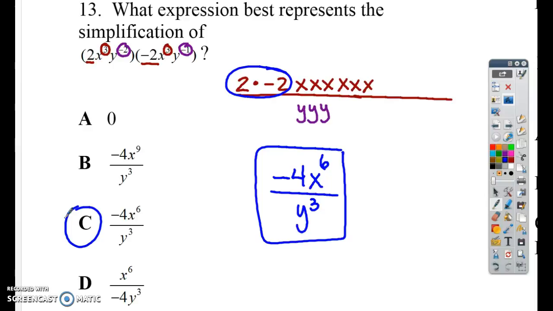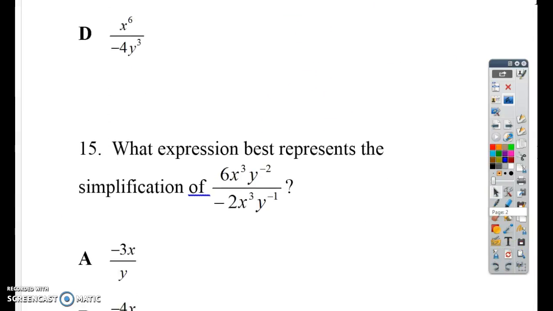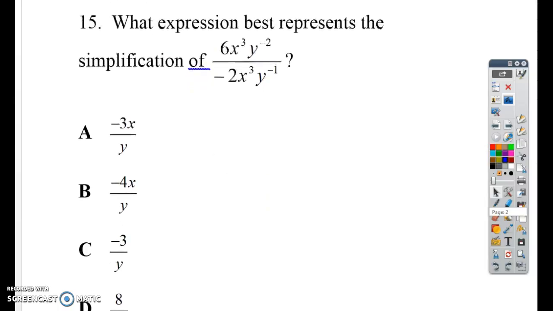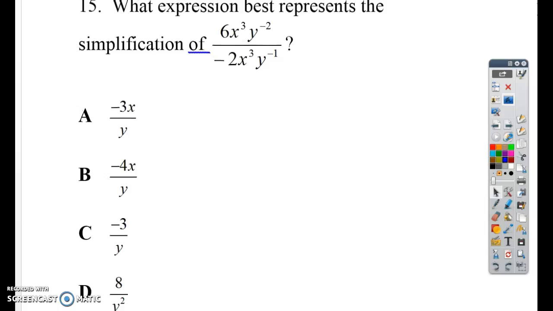Okay. Problem number 15. You're going to expand again. And if you have any negative exponents, just move them.